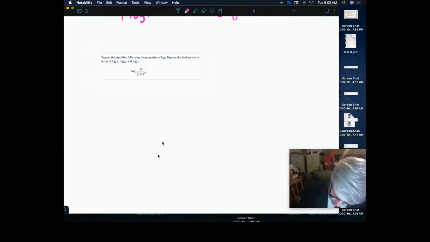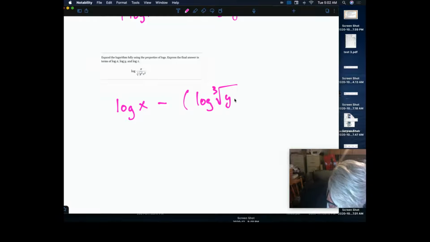All right, so more of the same. When we divide, we subtract. So we can rewrite this as such.